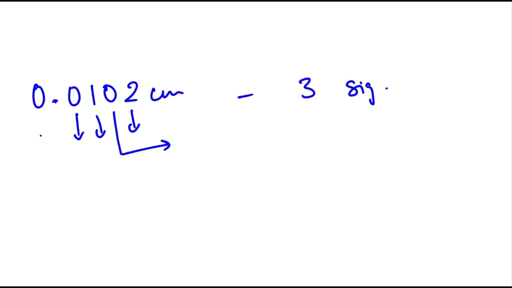But what about these zeros at the start? They are non-significant figures. In this way, we say that this reported value has three significant figures. So I hope up to here you got a clear picture about these zeros, how we say which are significant figures and which are not. Okay, let's move to the next one.